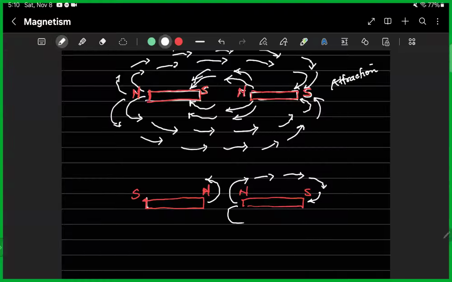Stuff is coming out of this north and going back to enter south. Same here, stuff coming out of north. And when I say stuff, I mean the field lines.